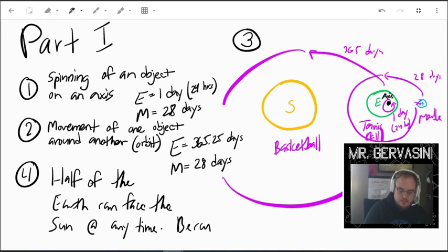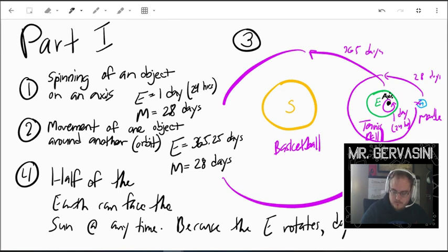Because the Earth rotates, day becomes night when the Earth is in its own shadow.